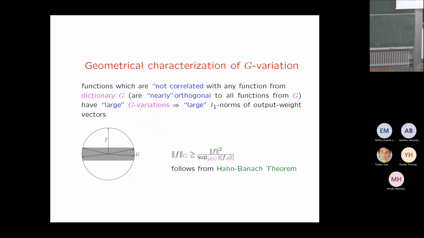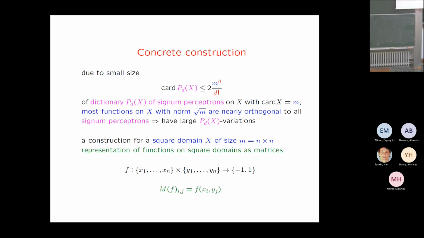Using the Hahn-Banach theorem, one can also prove that this G variation is related to the inner product of the function whose norm we would like to calculate with functions from the set G. In other words, if it is nearly orthogonal, it has a large variational norm.